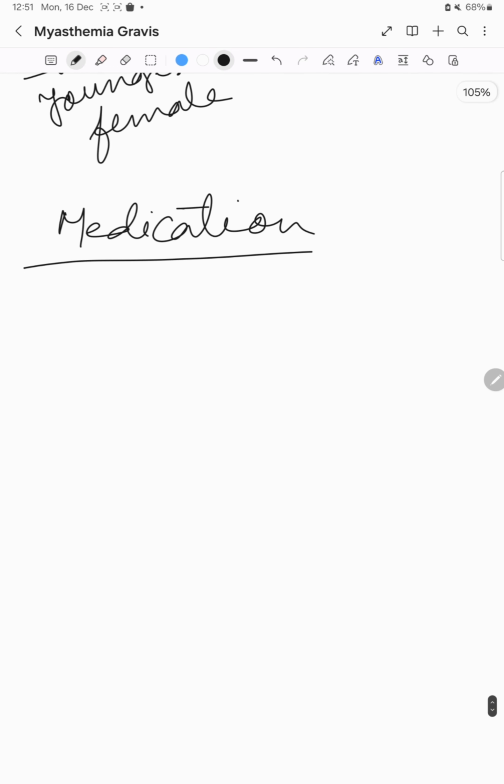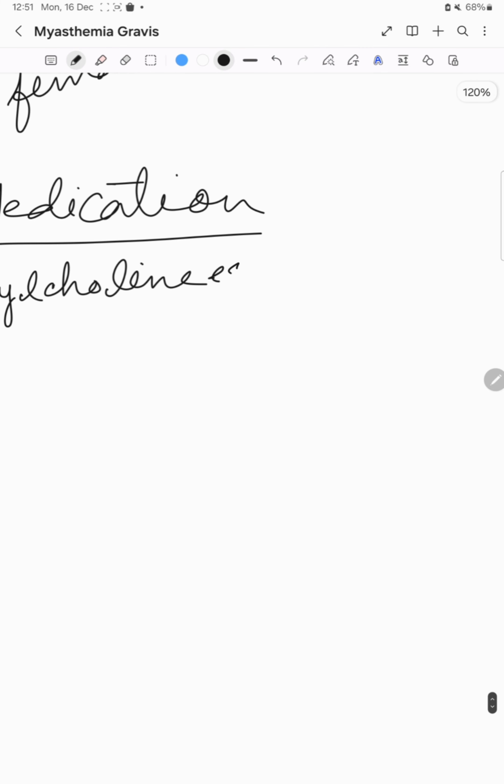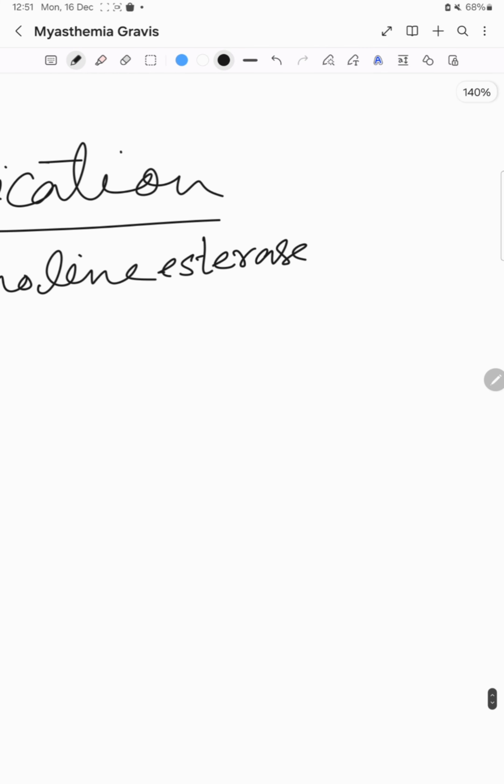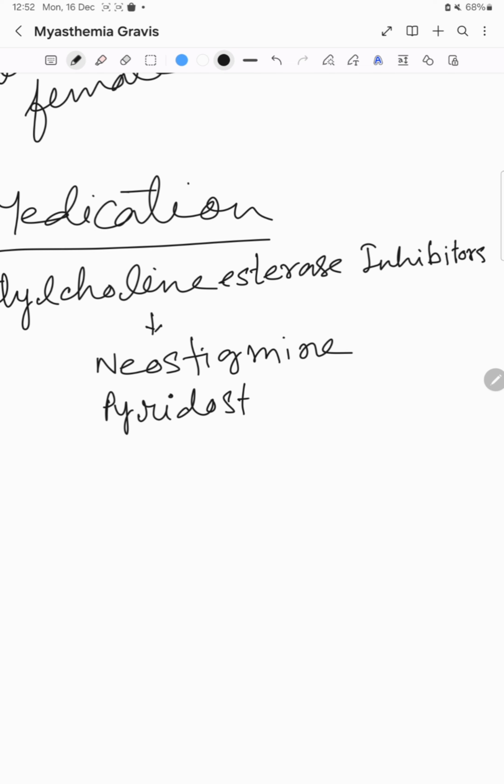Firstly, we can use acetylcholinesterase inhibitors that we have previously mentioned, named neostigmine or pyridostigmine. These two drugs we can use.